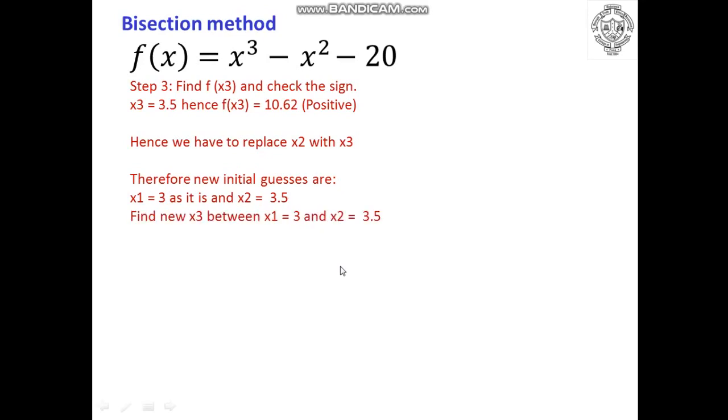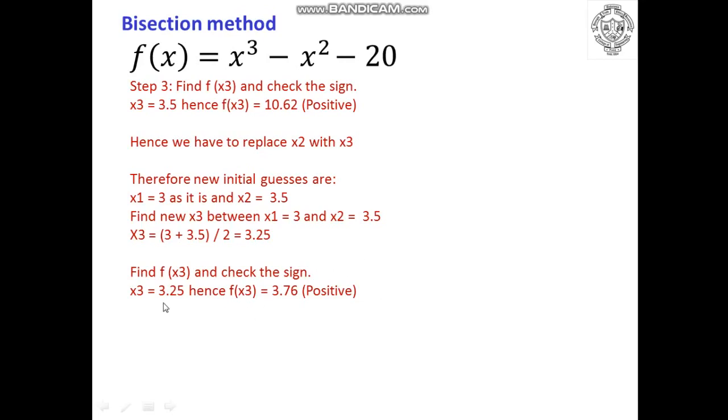So to find the next value of x3 between x1, which is 3, and x2, which is 3.5, we apply the midpoint formula: x3 is equal to 3 plus 3.5 divided by 2, which comes out to be 3.25. Again we have to check the sign of f of x3, and it can be found that f of x3 is 3.76, which is also positive.